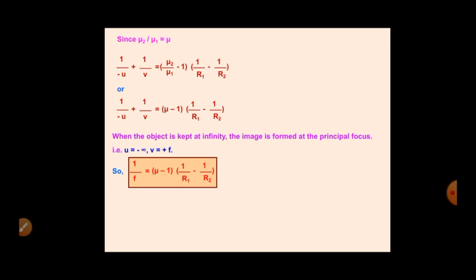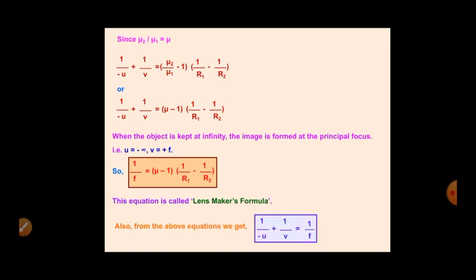According to the radius of curvature, the focus will change, and for the material also it will change. So from this equation we can easily construct the lens and fix the focus of the lens. And by this equation we can also formulate the thin lens formula, because here 1 by f is equal to 1 by v minus 1 by u.